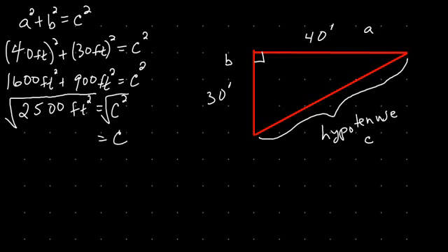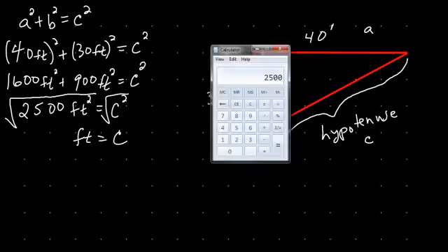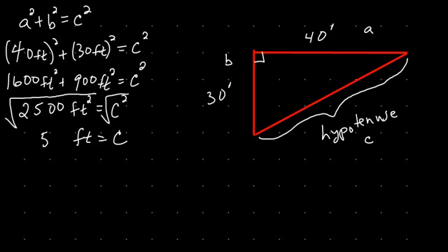Note that the square root of feet squared takes me back to feet. The square root of 2500 is 50, so C equals 50 feet.